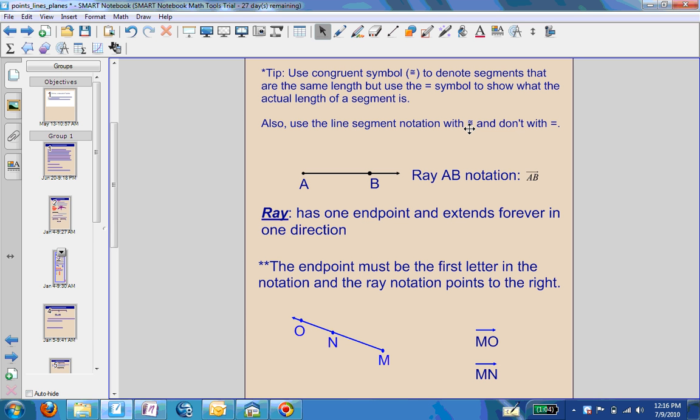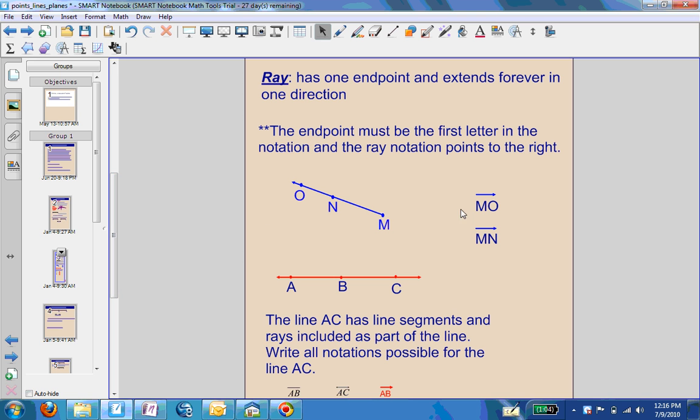So here we have ray AB. That's our next definition. Ray AB notation has a line with the arrow on the right-hand side. The arrow is always pointing towards the right. The first letter in your ray notation has to be the endpoint of the ray, regardless of which way the ray is pointing. So a ray has one endpoint and extends forever in one direction.